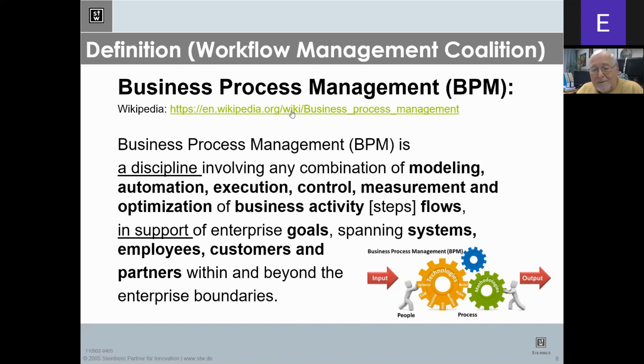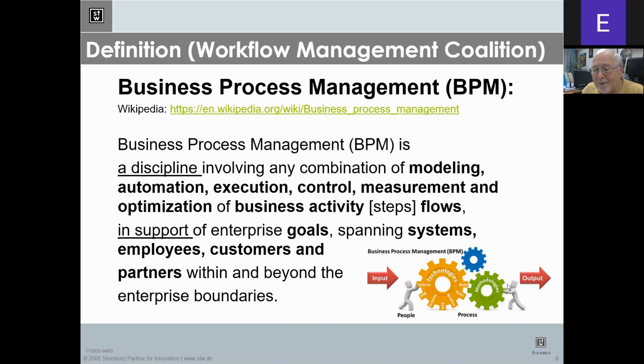And then the goal is that it should support enterprise goals. It should connect systems, spanning systems, employees, customers, and partners. So it's quite a sophisticated definition. You have here a small figure. You have input to a system, you have people, you have processes, and then you have something like what you can call a factory, and then you have methodologies, technologies.